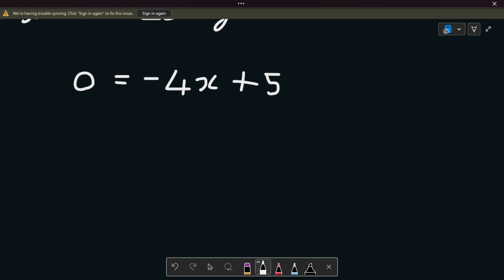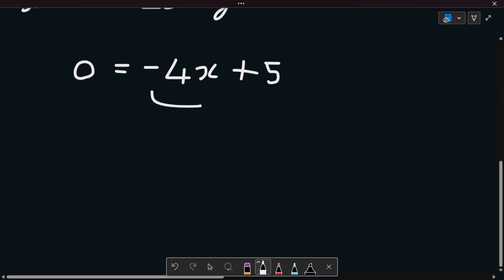Now, to make this a little easier, because we don't like to work with the negatives, what I'm going to do is I'm going to add positive 4x to both sides. So it's going to look like this. It's going to be plus 4x, because I don't think I've exposed you to adding or subtracting a variable with its coefficient on both sides.